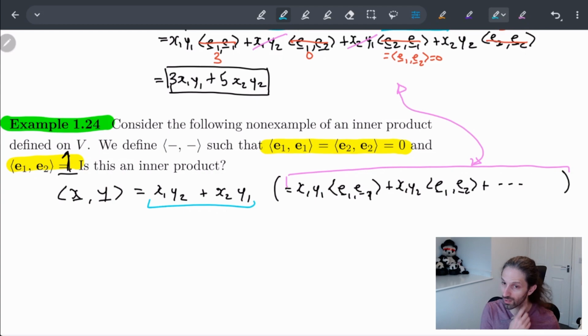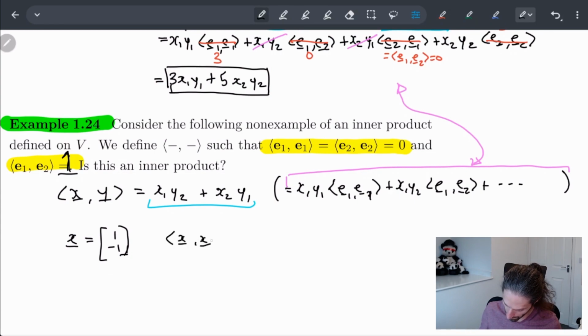I'm going to let x be the vector (1, minus 1), and inner product it with itself. By positive definite, this should be greater than or equal to 0.